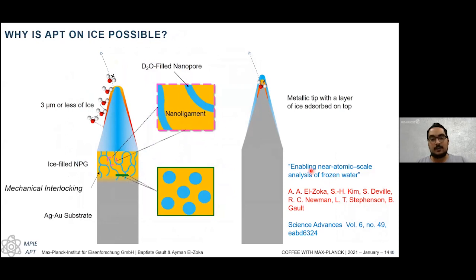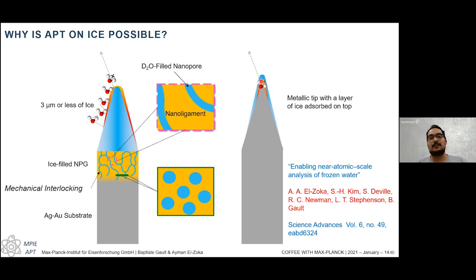Please check it out if interested. In the conventional approach with these liquids, you would just deposit a layer of ice on top of a metallic tip, and the ice was seemingly less conductive because the electric field was concentrated at the metallic tip instead of at the tip of the ice.